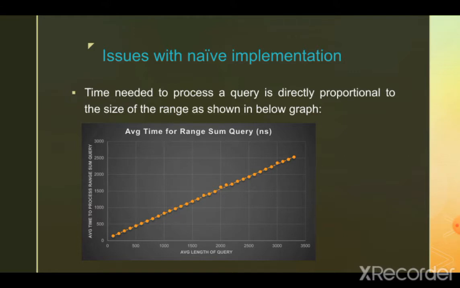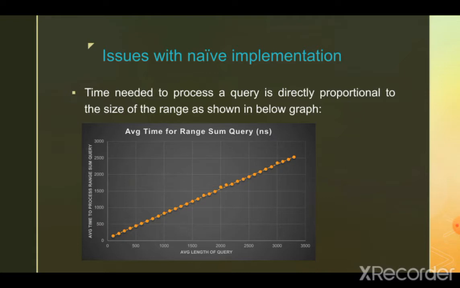And then as you can see, the time required is proportional to the average length of the query. So this is the main issue with naive implementation. So the time required will increase as the size of the range increases.